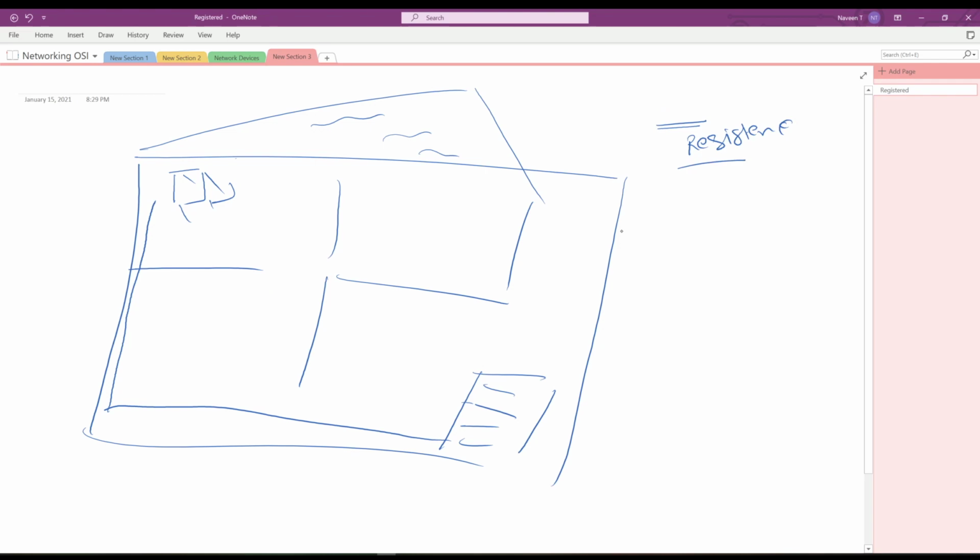Over time, the electricity transmitted over the wire gets dissipated through resistance as heat. So by the time the signal reaches here, it might get weak.